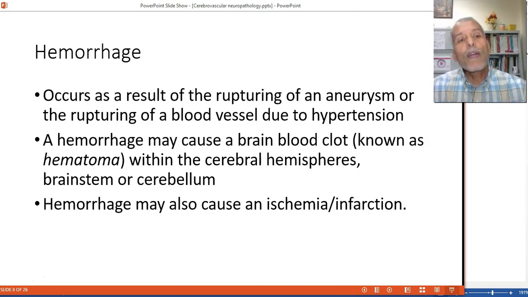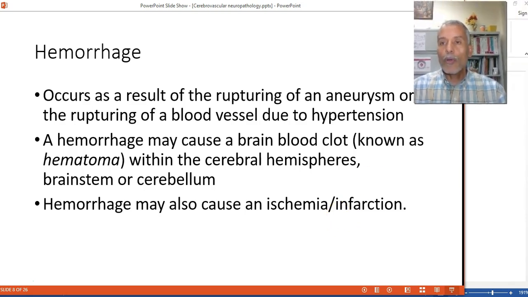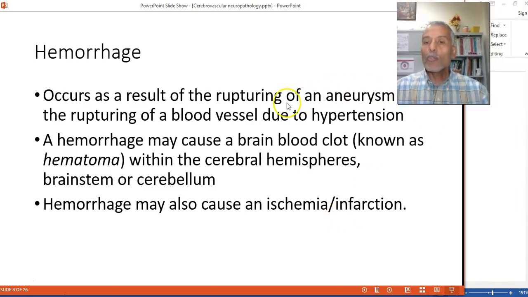So for a hemorrhage, as I mentioned, it results from either rupturing of an aneurysm or rupturing of a blood vessel because of hypertension. A hemorrhage could cause a blood clot, and the blood clot that results is known as a hematoma.